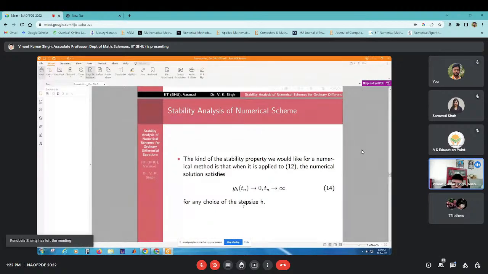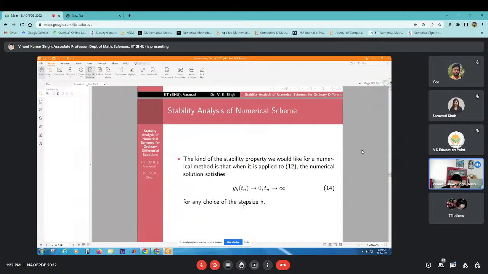Whenever you are finding any numerical solution, we are finding it with respect to some discretization. Suppose we have done some discretization with respect to step size h. If the solution behavior depends on the step size, then we say that the solution is conditionally stable.